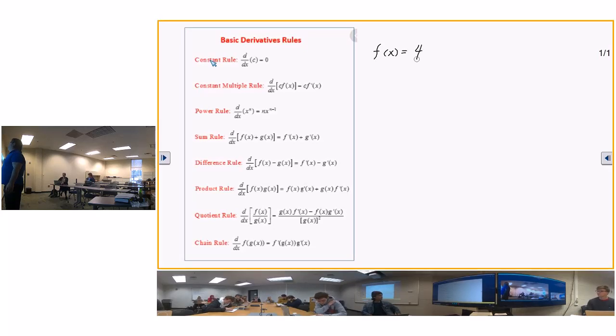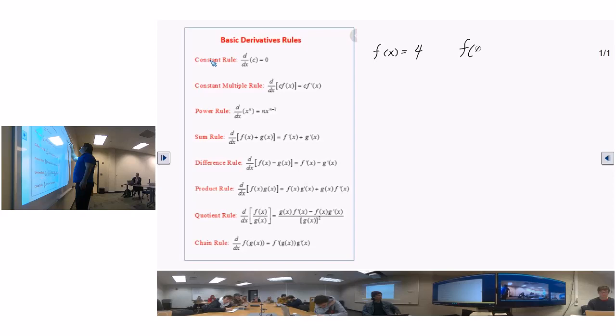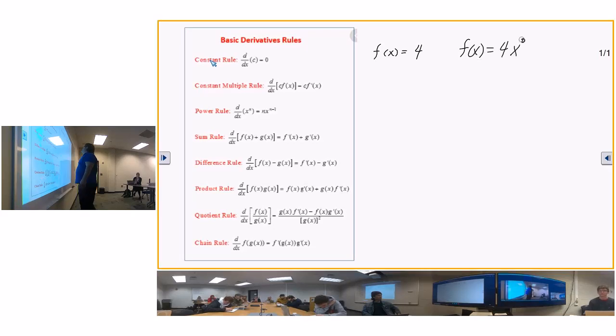Well, technically, that's f of x is equal to 4x to the 0, because what's x to the 0? 1. So technically you can write any constant as a constant and a variable with that variable to the 0 power.